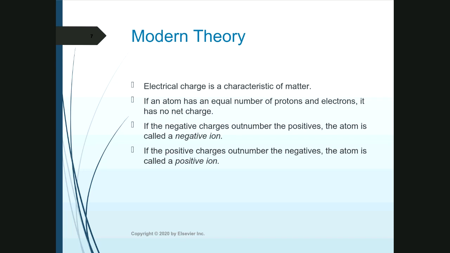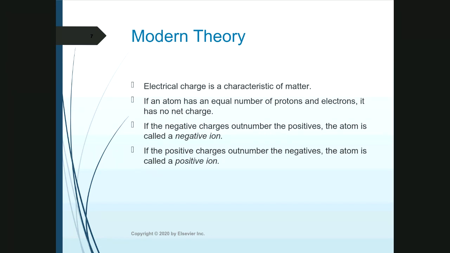Typically, when we refer to matter, we're usually speaking about the patient. But electrical charge is a characteristic of matter, whether you're talking about a subatomic particle or an atom or a larger object. So always, each proton has 1 unit of positive charge. Each electron has 1 unit of negative charge. And neutrons are neutral, so they have no charge at all.